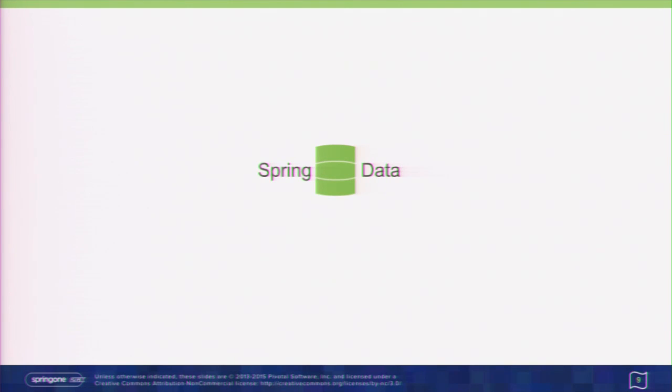Okay, anyone who doesn't know what Spring Data is all about or hasn't used it so far? Oh yeah, a few hands, okay. I'll go over that real quick. So this is an introduction session. Spring Data is basically composed of several modules.